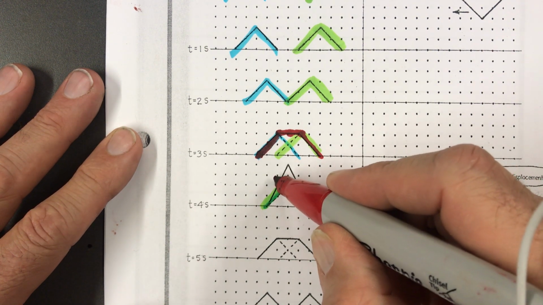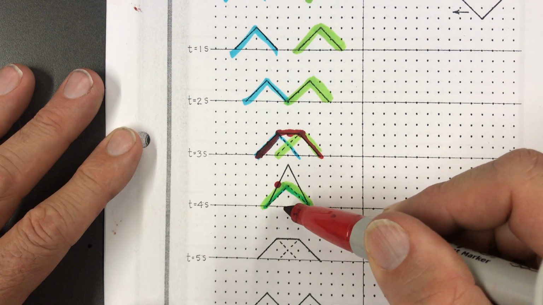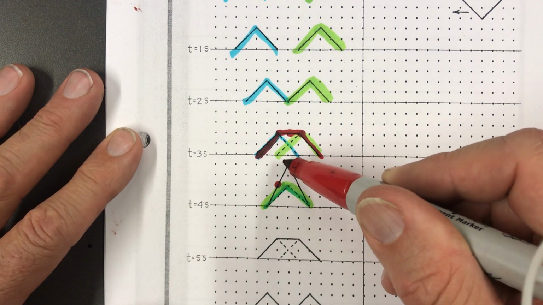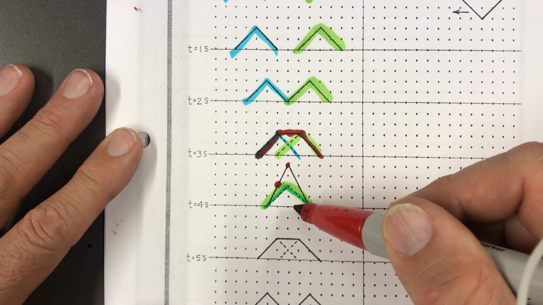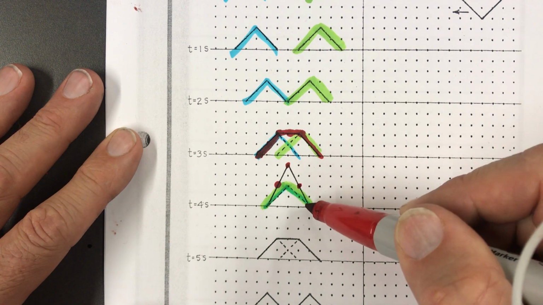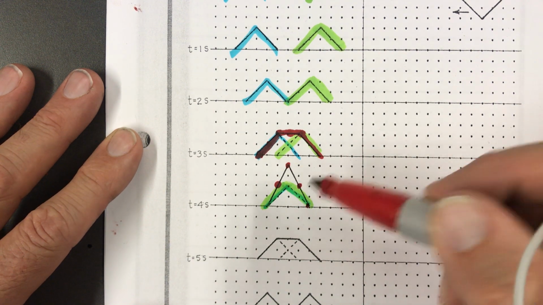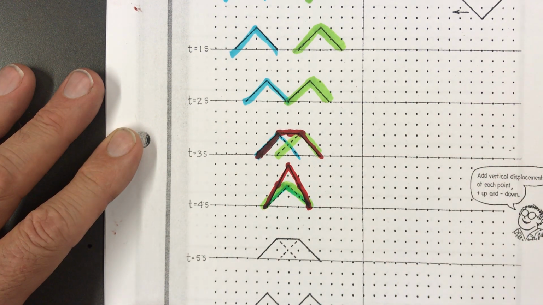So then we end up having superposition, adding that. And then we have 2 plus 2 is equal to 4. And in this line right here, we have 1 plus 1 is equal to 2. And then here we have 0 plus 0 is 0. So basically, that is the shape of the resulting interference.